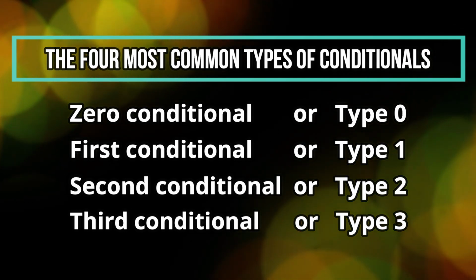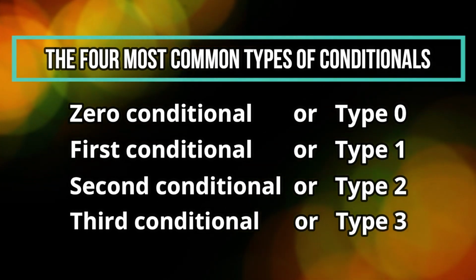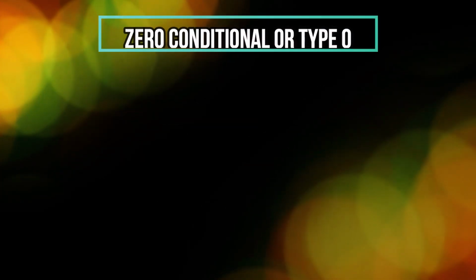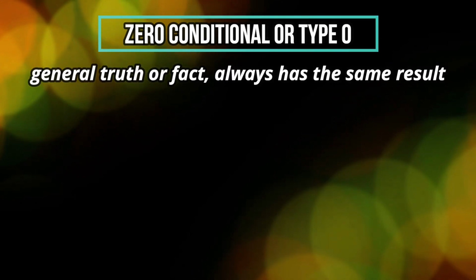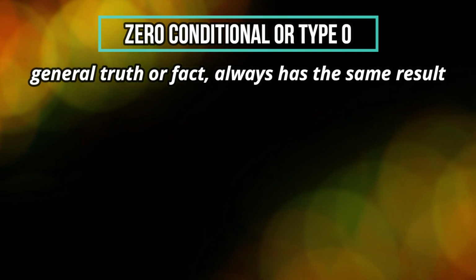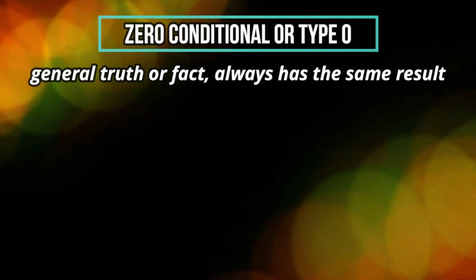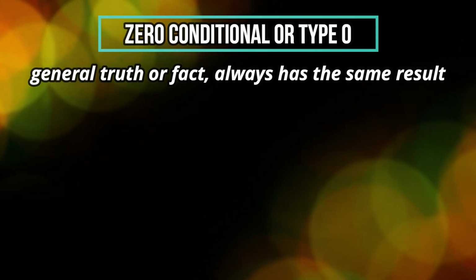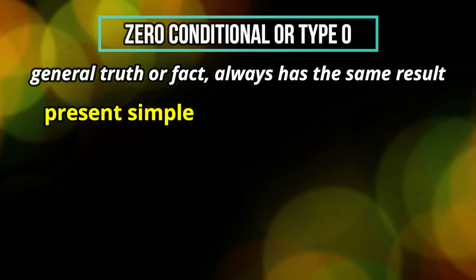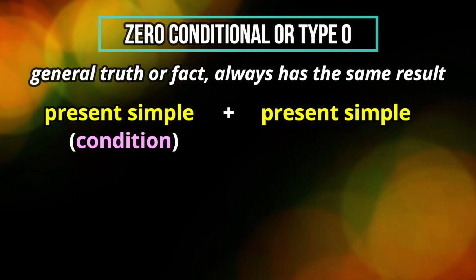Okay, let's look at the zero conditional first. The zero conditional is used for a general truth or fact, and it always has the same result. And you'll see when I look at the examples. The construction is the present simple plus the present simple.